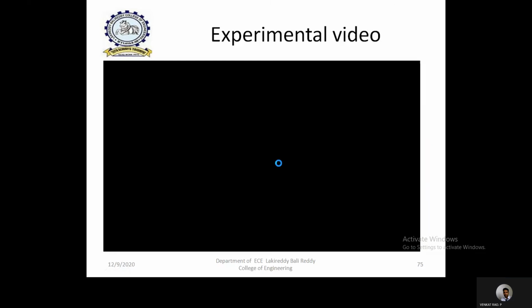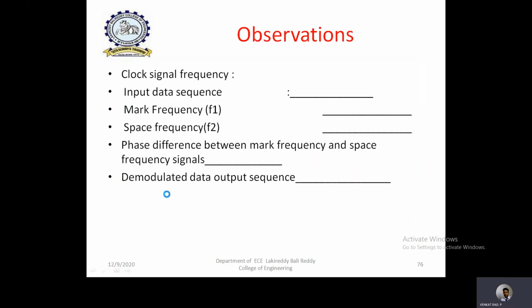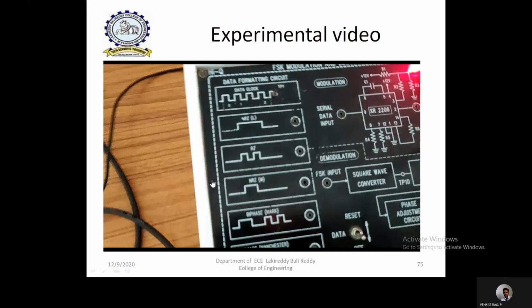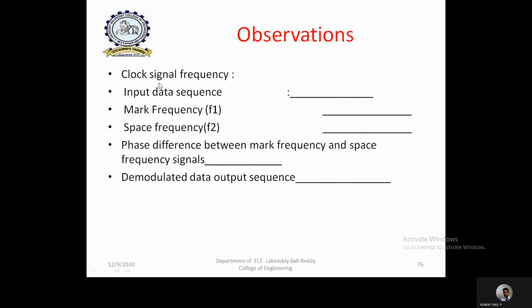Okay. So these are the observations we need to calculate. We need to observe what is the clock signal, clock frequency, what is the input data sequence, either 1100 or something else.